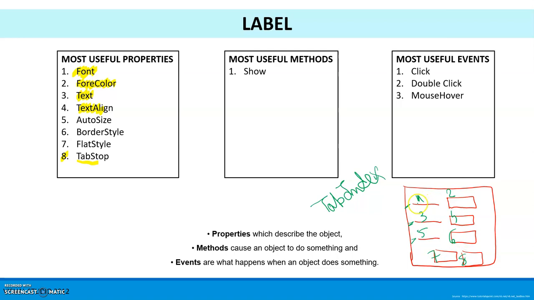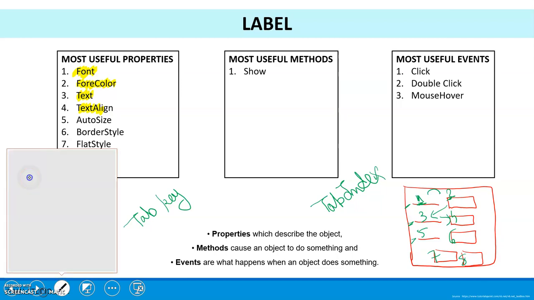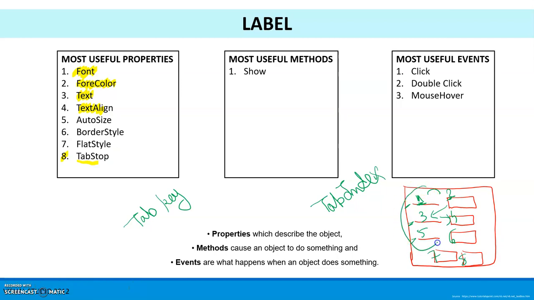By default the first label would be active, and when you press the tab key on your keyboard, it will automatically jump to the second index, then the third, then the fourth. But we know that normally the use of a label is just to display the message. So in that case we don't need a tab.